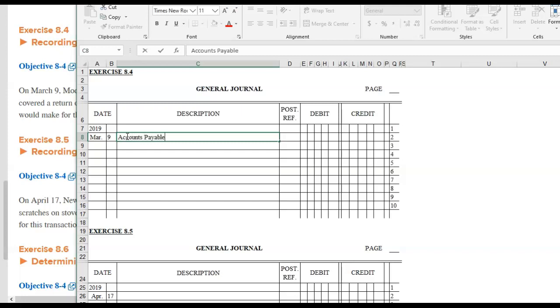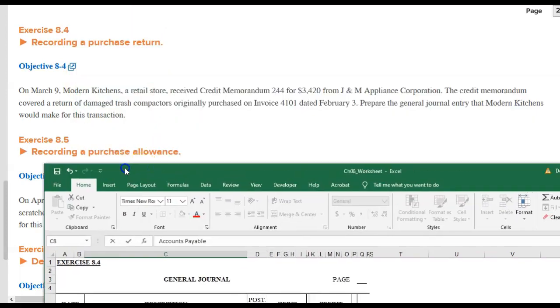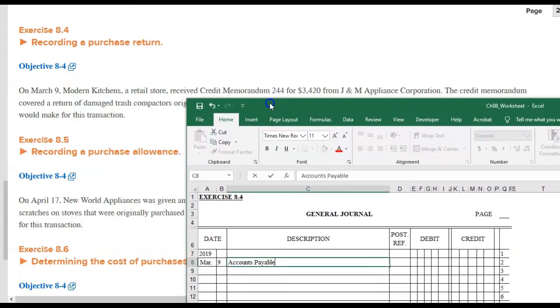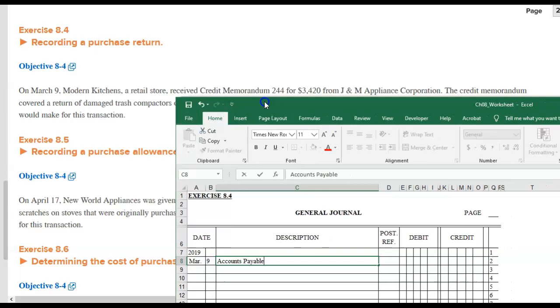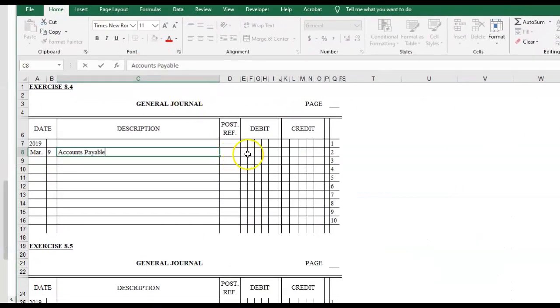And they returned how much? They returned $3,420. Gets to come out of accounts payable once you debit it. That's $3,420 less that you owe that company.